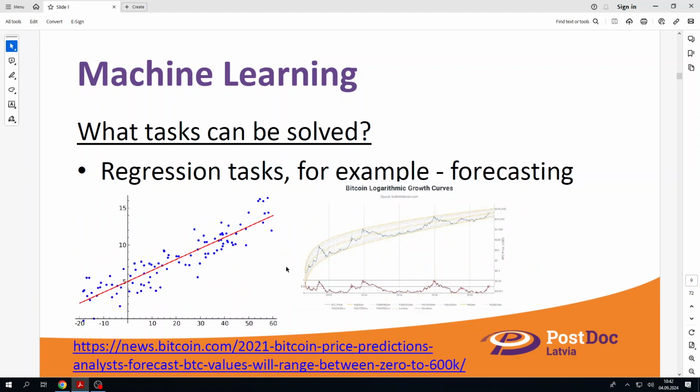So, what exactly kinds of tasks may we solve by using machine learning methods? The first type of task is called a regression task, and it's very close to the regressions and interpolations we were speaking about in mathematics, or you will be speaking about in mathematics.